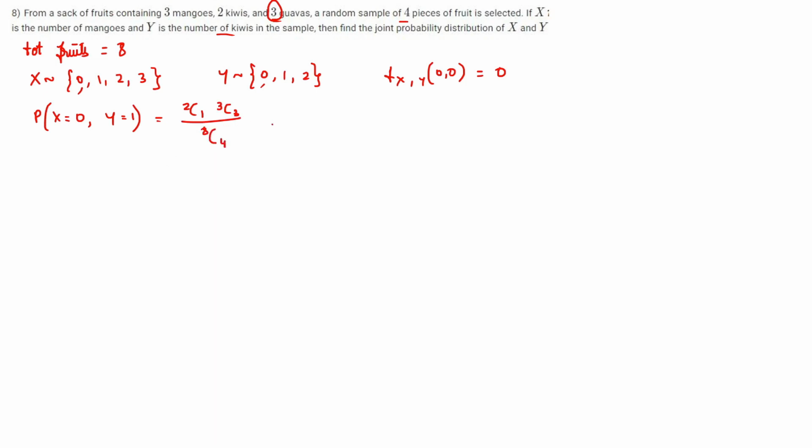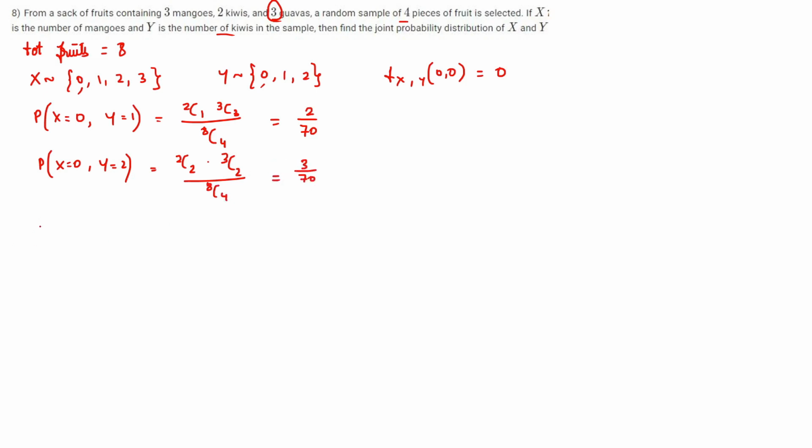So this is nothing but 2 by 70. The next one is P of X equal to 0 and Y equal to 2, which is nothing but 2C2 into 3C2 divided by 8C4, and this is nothing but 3 by 70.